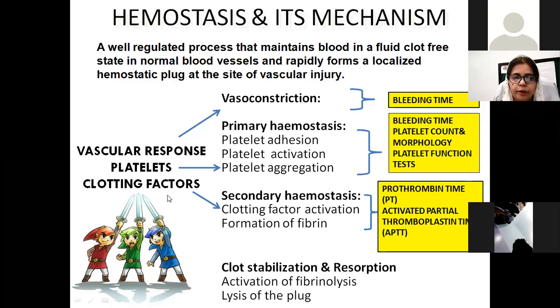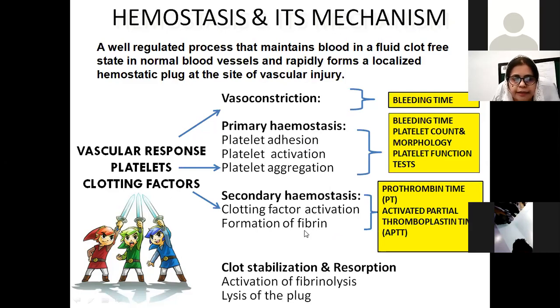This is followed by stabilization of the clot, brought about by the activation of the coagulation pathway, namely the intrinsic pathway and the extrinsic pathway, the end result of which is fibrin generation and formation of a stable clot.